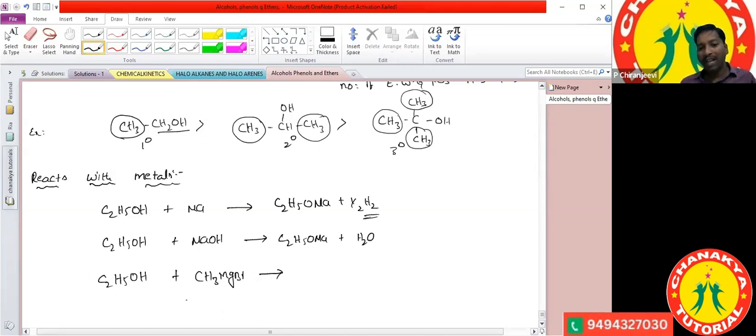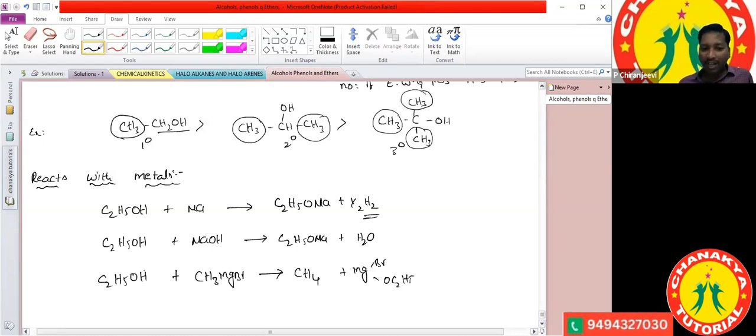When ethanol reacts with methyl magnesium bromide, the product formed is methane, CH4, plus Mg, Br, OC2H5.